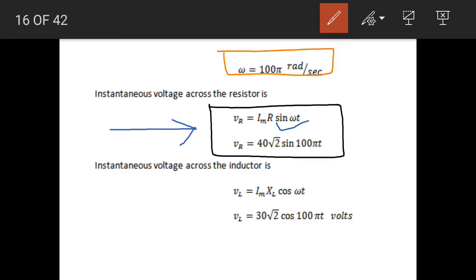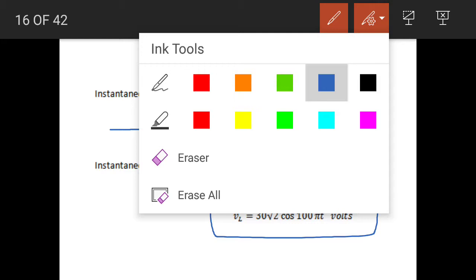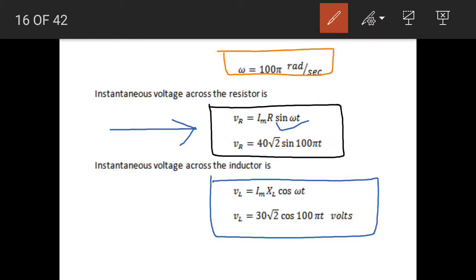We calculate the AC voltage across the inductor with the help of this particular equation. The voltage across the inductor will be equal to Im XL cos omega t. If we put the values in this particular equation, the voltage across the inductor will be equal to 30 into under root 2 into cos of 100 pi t.